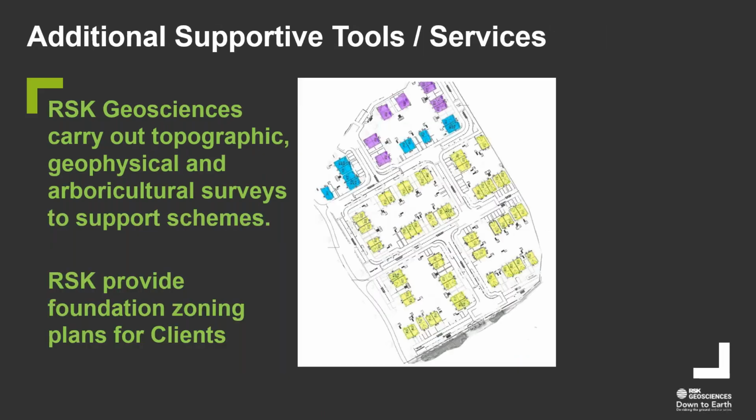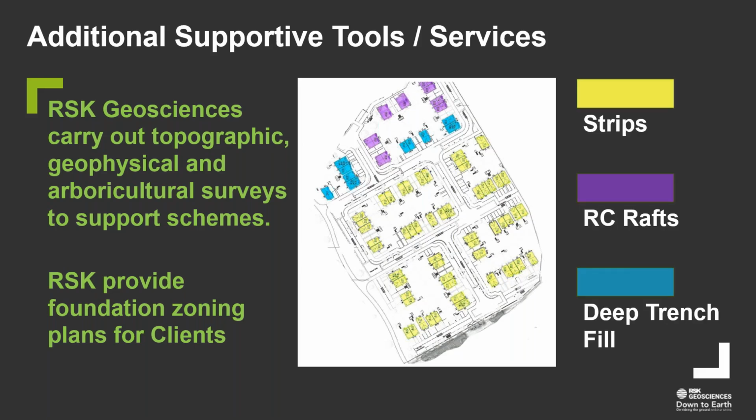And likewise, foundation zoning plans and looking at topographic surveys. The topographic survey, I believe, will be the next Down to Earth talk coming up in about a month's time, so look out for that one. In the zoning plans, one can, based upon knowledge of the soil types, come up with suggested foundation options, and developers may well like to have that approach in their designs.